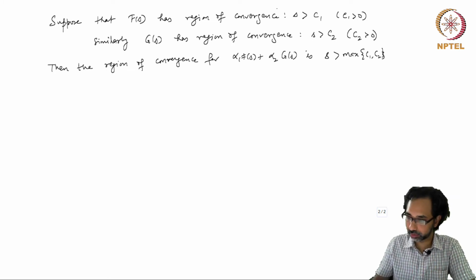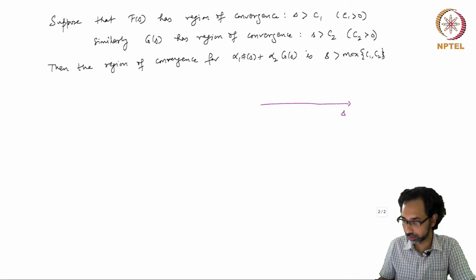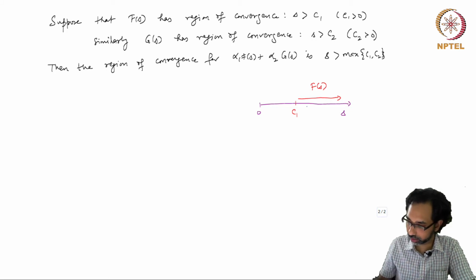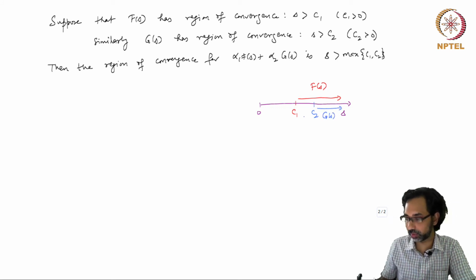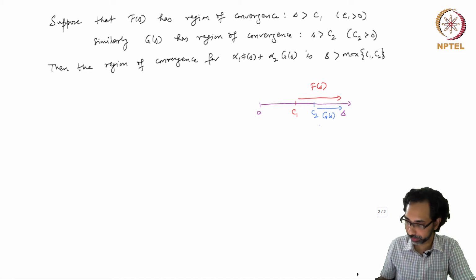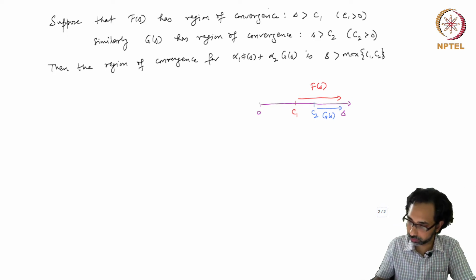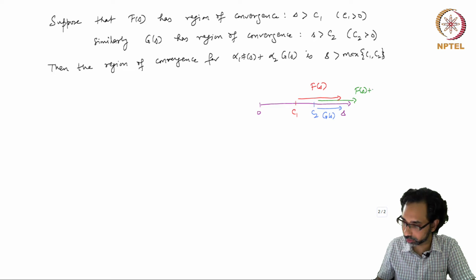So, we have the real line, this is the s line, and suppose that this is c1, so F(s) is defined in this region the red arrow describes, and on the other hand suppose that we have c2 and the region of the blue arrow describes the region of convergence of G(s), then the maximum of c1 and c2, so in this case this is c2, this will be the region of convergence of alpha 1 F(s) plus alpha 2 G(s).